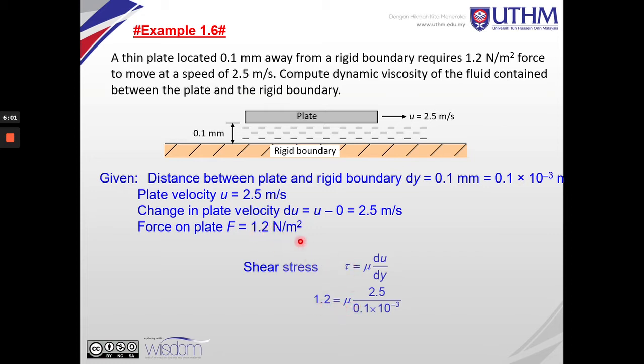So we get the value of dynamic viscosity as 4.8 times 10 power of negative 5 Newton second per meter squared. So we get the dynamic viscosity of the fluid contained between the plate and the rigid boundary, from the shear stress equation.